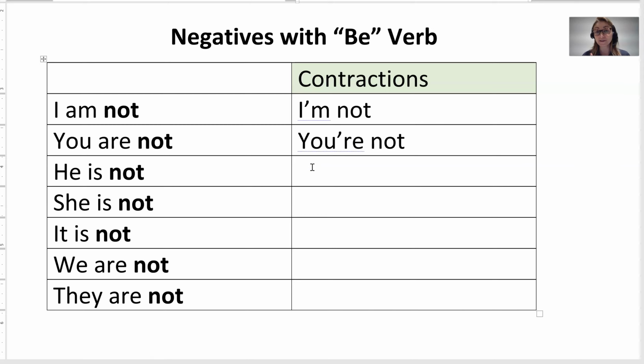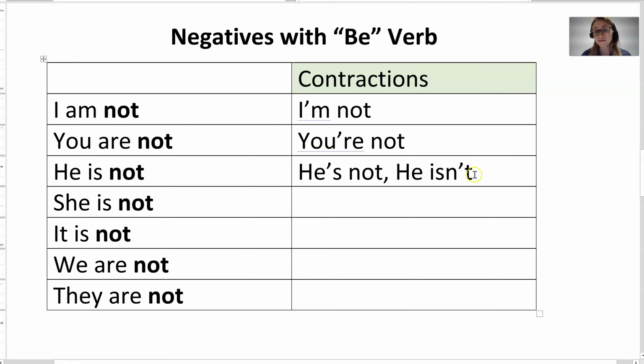So maybe you know there's two styles for this one. I can say he's not, that's a contraction with he and is, or this one, he isn't. Okay, you have two choices. It's however you like it. So isn't is difficult to pronounce. So if you cannot say that one, I would recommend saying he's not.